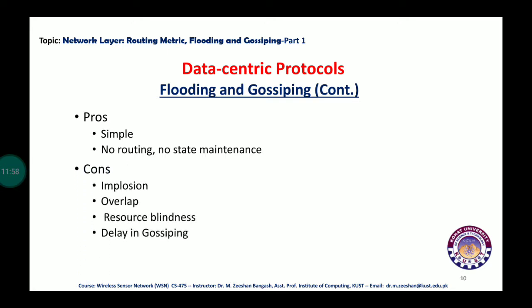Some of the cons of this type of protocol are that it's very expensive in terms of using resources. It suffers from implosion, it overlaps mechanisms, and it allocates resources blindly. So this is again an overhead if we consider the very limited resource constraints, and the whole network will be delayed. A delay is imposed if we use this type of protocol. So these are some of the drawbacks. However, the advantage is that it's simple and can be implemented with little effort.